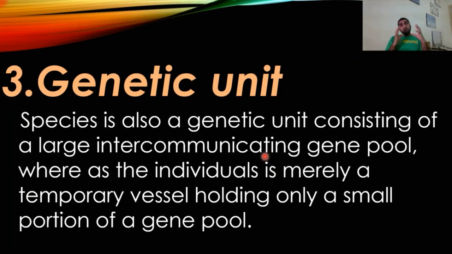So species is a genetic unit. Homo sapiens is a species, and it's a genetic unit. All the genes of Asia, or all the genes of the human beings of the world, form a gene pool, and this gene pool intercommunicates, and the one individual is just like a vessel holding a very small portion of that whole gene pool. So species is a genetic unit.